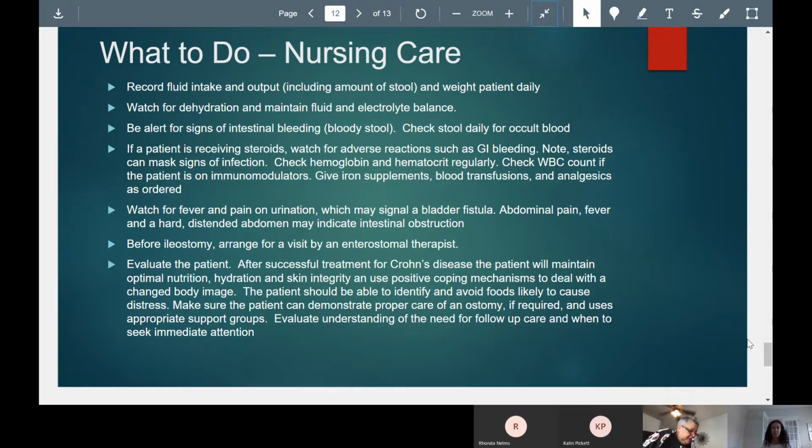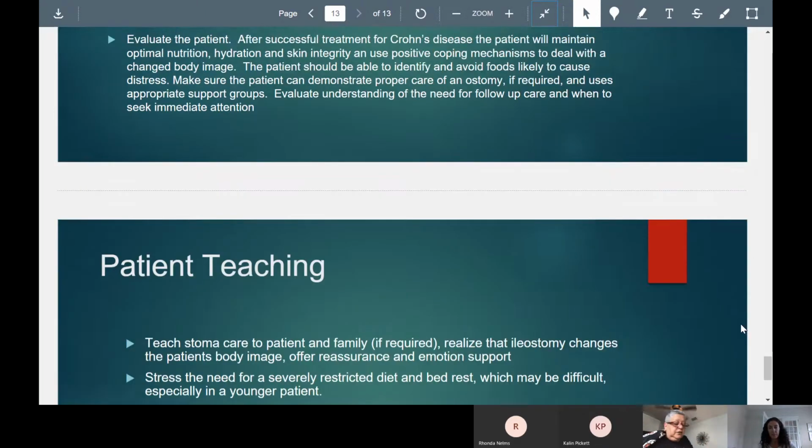The patient should be able to identify and avoid foods likely to cause distress. Make sure the patient can demonstrate proper care of the ostomy if required, and use appropriate support groups. Evaluate understanding of the need for follow-up care and when to seek immediate attention. That kind of thing should be done, start going from the very beginning on educating them on what they have to do.